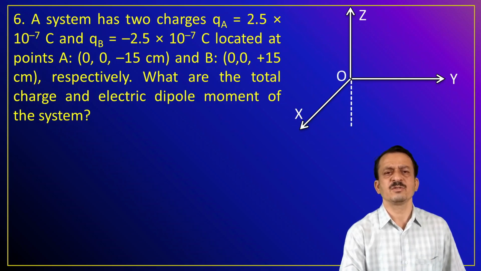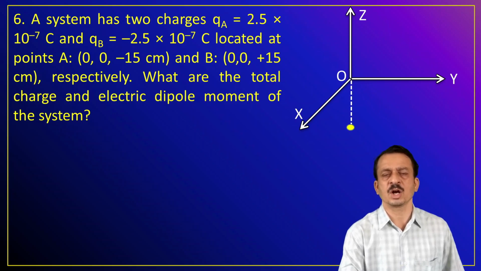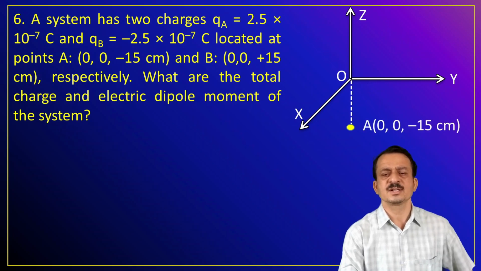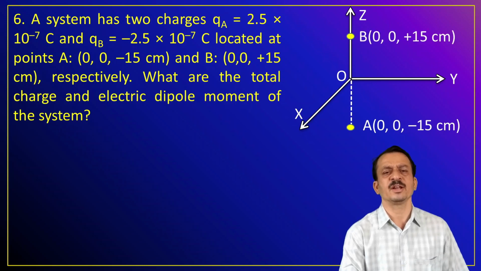Now if you consider the negative z-axis as shown in the dotted lines, a negative charge is placed at negative of z-axis as shown in that yellow dot. Okay. Now it is A, 0, 0, minus 15 centimeter. And a positive charge is placed at the positive of z-axis, 0, 0, plus 15 as shown in the diagram.